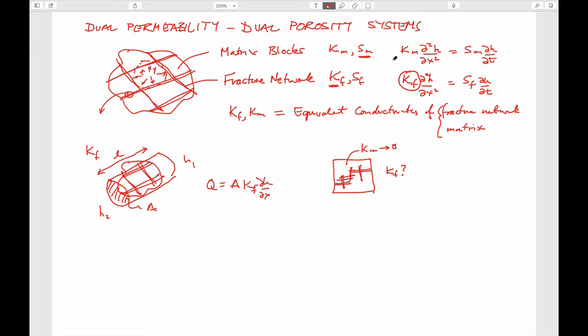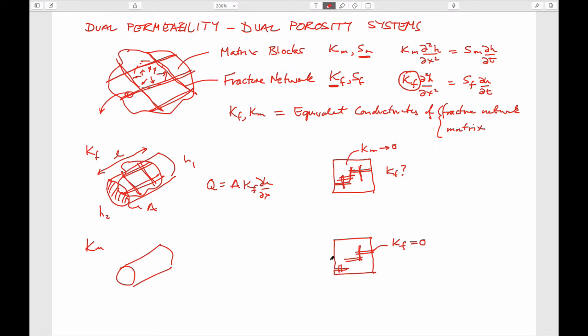Likewise, we could do that for the matrix, and we could just repeat it for the matrix. I won't do this diagram again, but if we did it for the matrix, then the equivalent behavior would be true. And that is that we would take this, and if we add a fracture network to this, then with the fractures set to 0, Kf equals 0, so nothing can go across them.